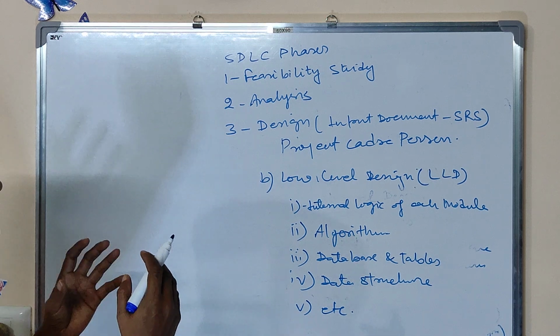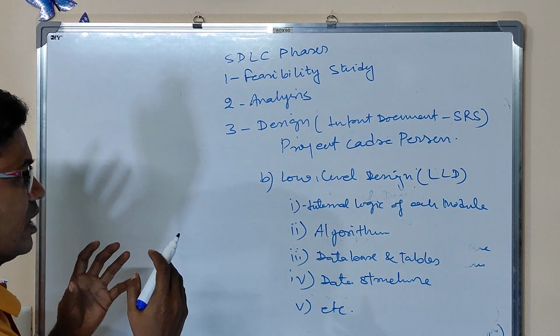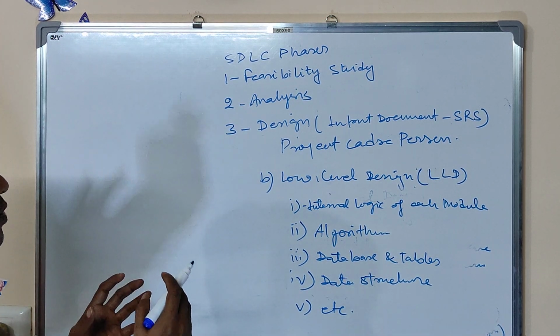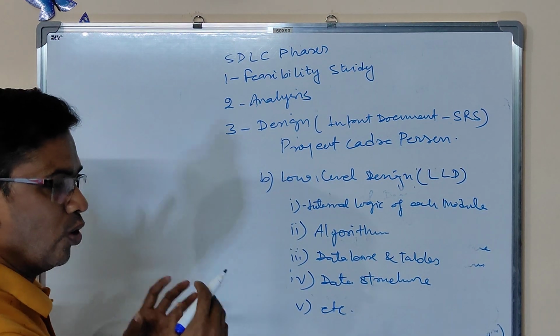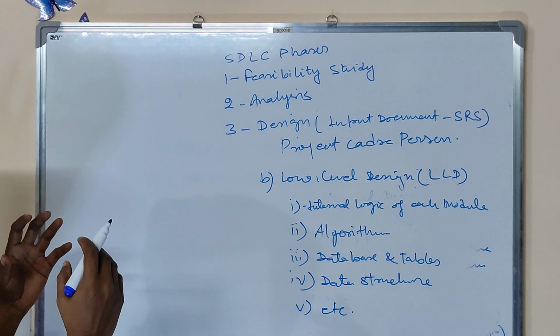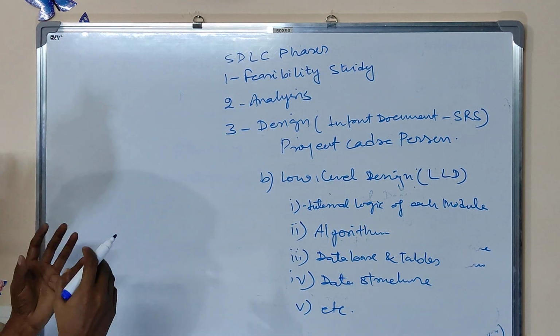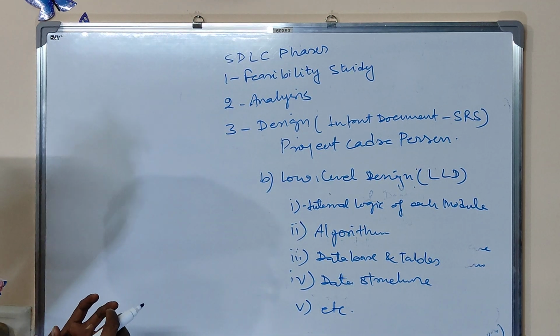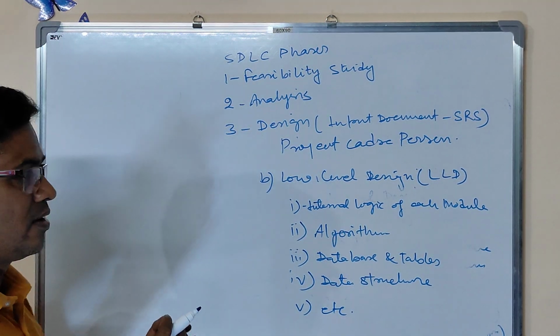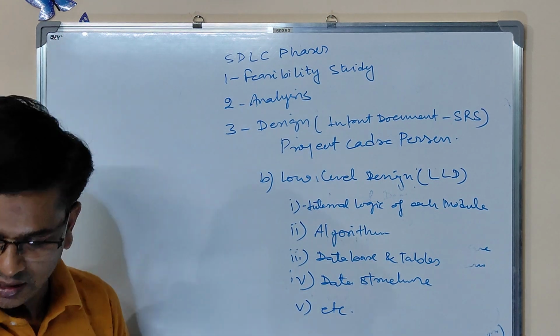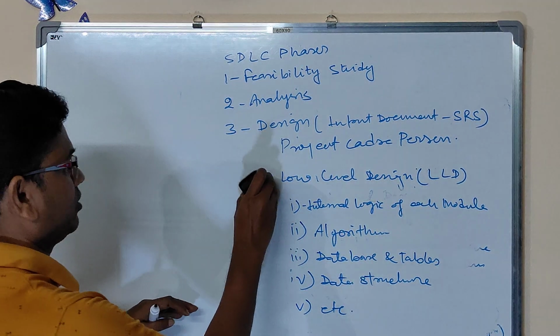The output of the design phase is high level design and low level design. This design document will be the input document of the coding phase. So let's proceed to the coding phase, that is our fourth phase.